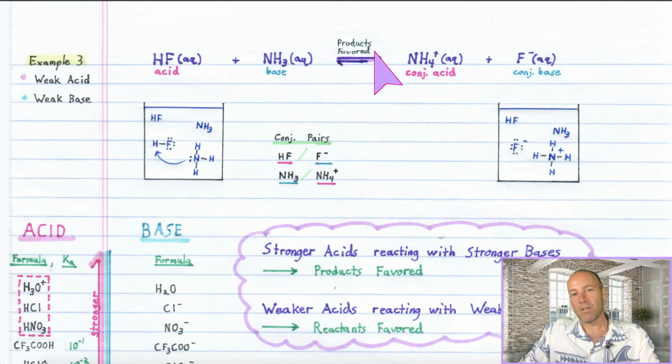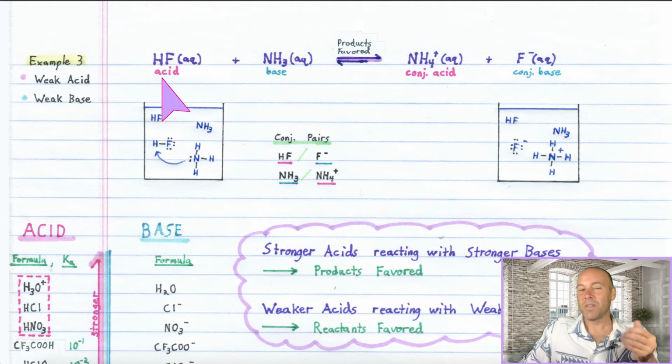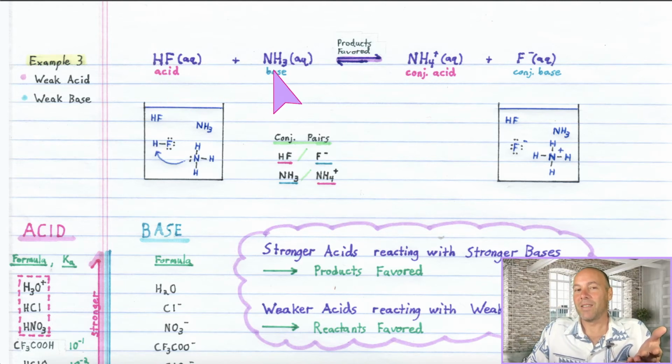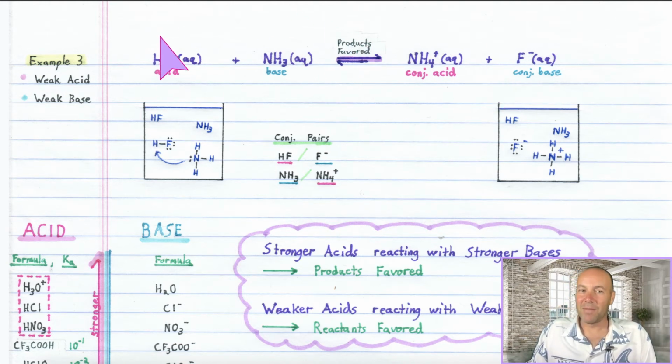The forward arrow is probably still a little bit longer than the backwards arrow because although this is a weak acid and this is a weak base, they're not really weak, okay? So this weak acid kind of wants to donate its proton, and this weak base kind of wants to accept it. And I would say, you form more products than you have reactants left over at the end.